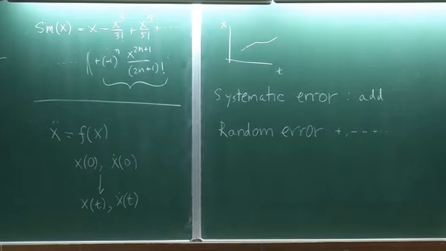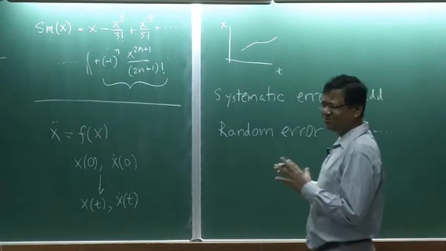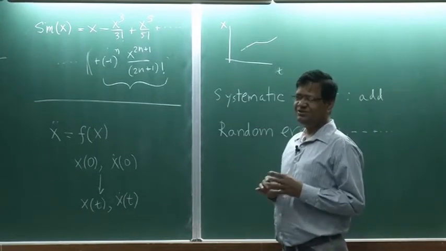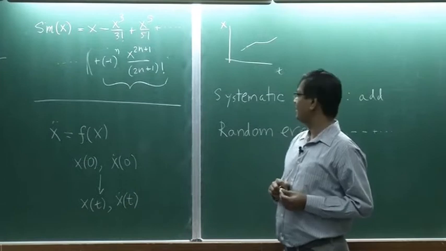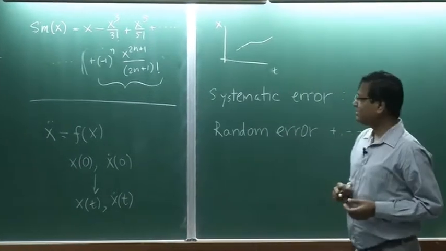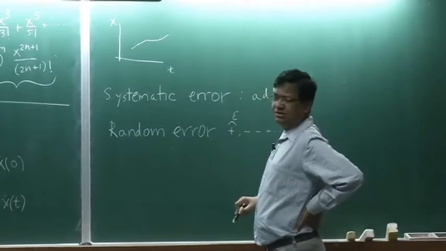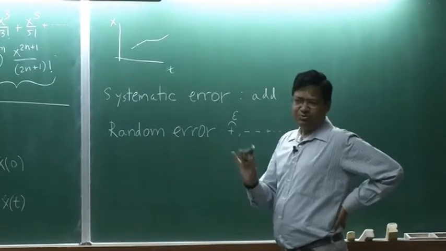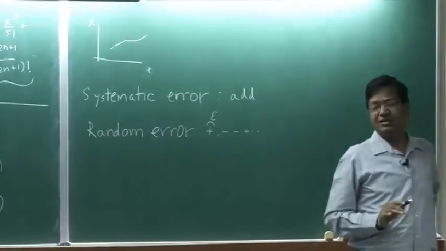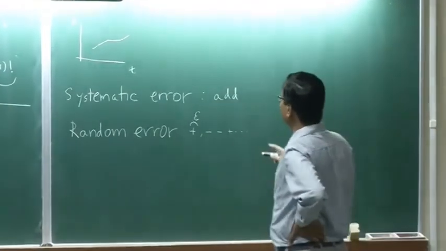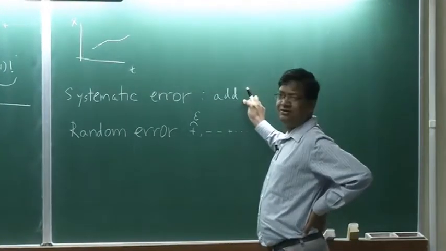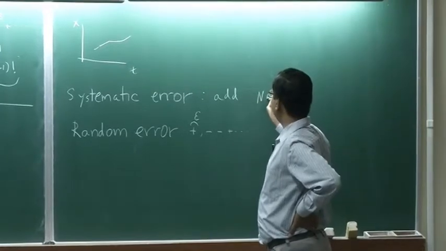I mean, there is a huge number of books, and I am not an expert on this, but we should know it at an elementary level. So, let us imagine each step I make an error epsilon. Assume it to be equal epsilon, then if it is systematic error, then in n time steps, what would be the error size? N epsilon. Okay.